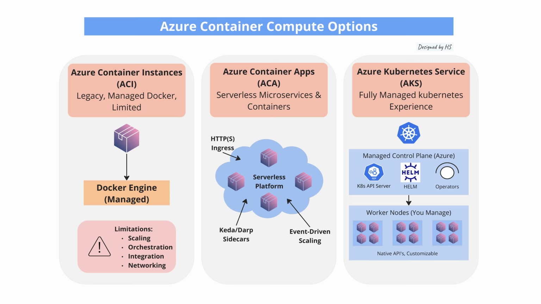You get native Kubernetes APIs, operators, Helm, and more. For specific workloads, you also have options like Azure Red Hat OpenShift, Azure Service Fabric, Web App for Containers, and Azure Batch. So the difference isn't just convenience, it's integration also.